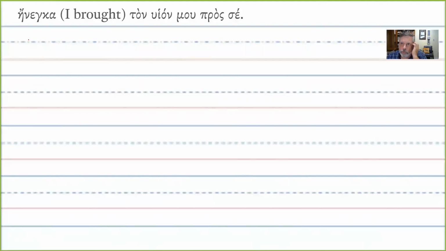Okay, so we're doing the translations or the warm-ups here. Again, for me, I just want to break out wherever the prepositional phrases are, any of the clauses, so I can focus on this main sentence first. And generally it makes it so much easier because I can figure that one out pretty quick. We haven't done verbs yet, so enenka, I brought, and this is ton huion.